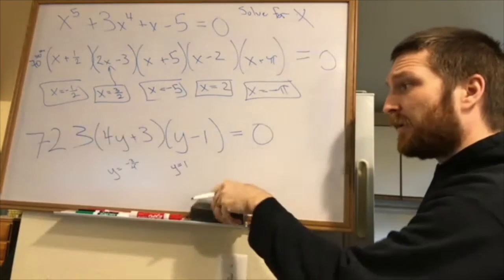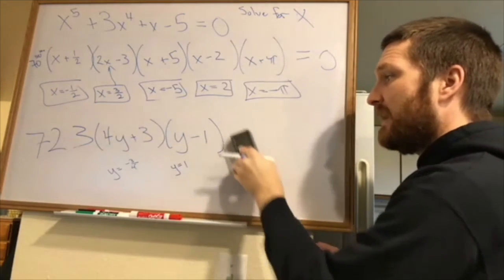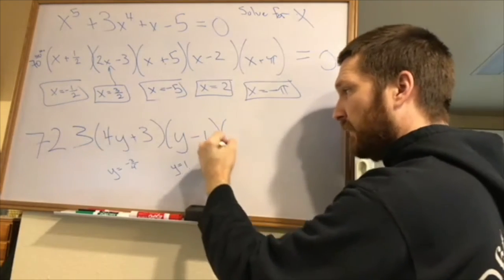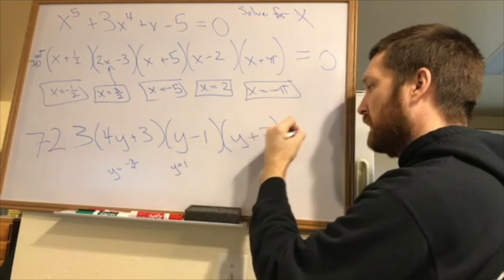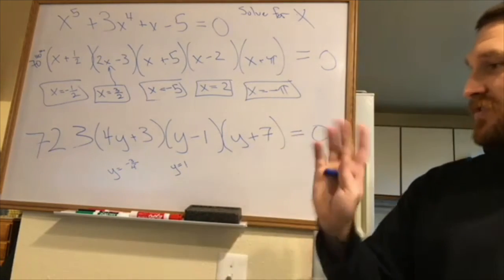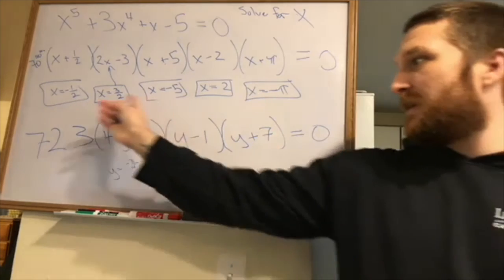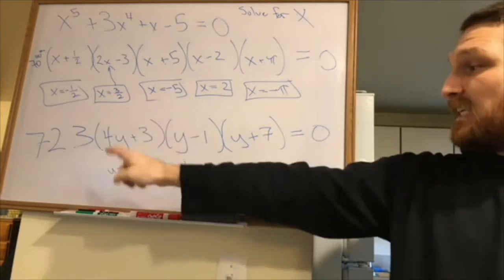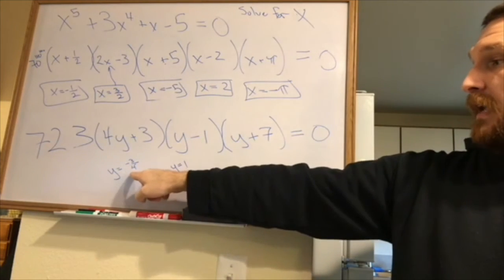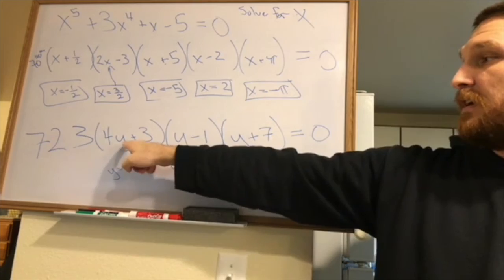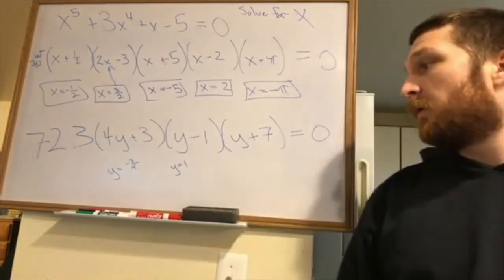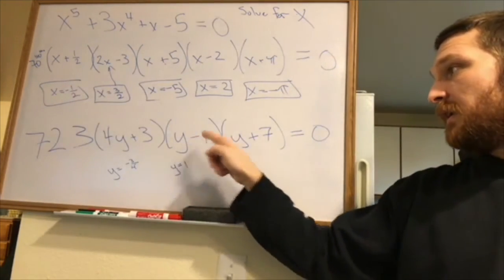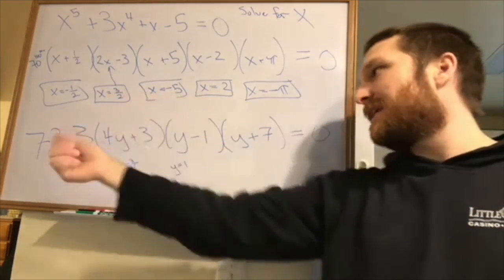It doesn't matter if I even had more factors. If I had made this a y plus a 7, it will still be true, because we've written it in this form. It's still true that when I plug in a -3/4 in here, this entire side goes to 0. Plug in a 1 into here, that entire side goes to 0.